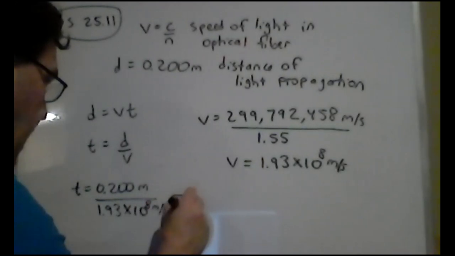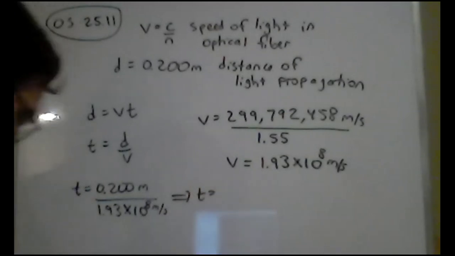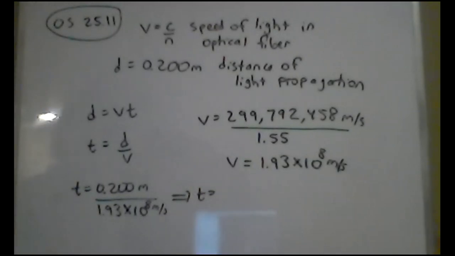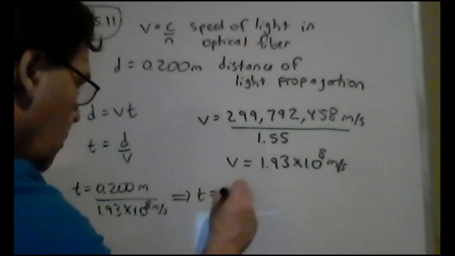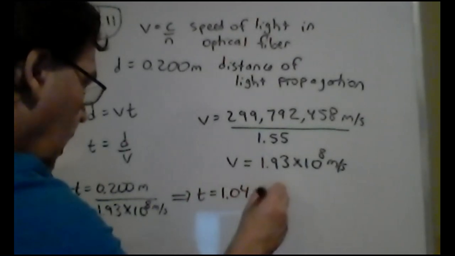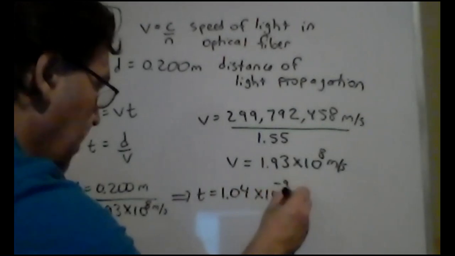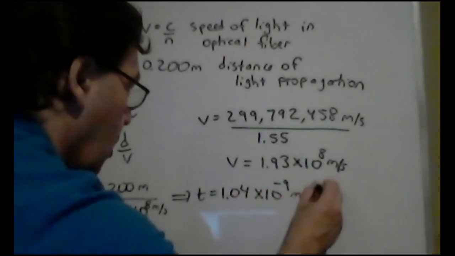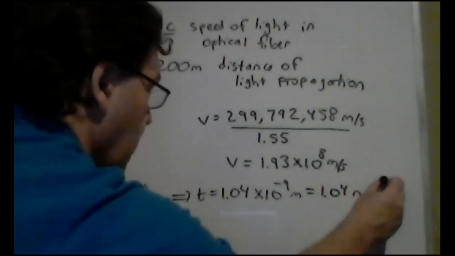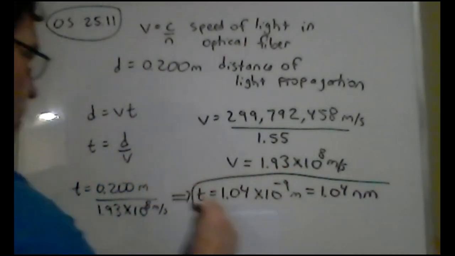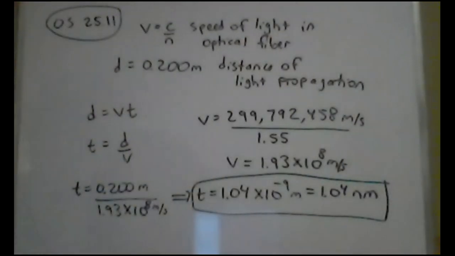I'll find out that that amount of time T will be 1.04 times 10 to the -9 seconds. And I was asked to give that in terms of nanoseconds, so that's simply 1.04 nanoseconds. So mathematically pretty light so far.